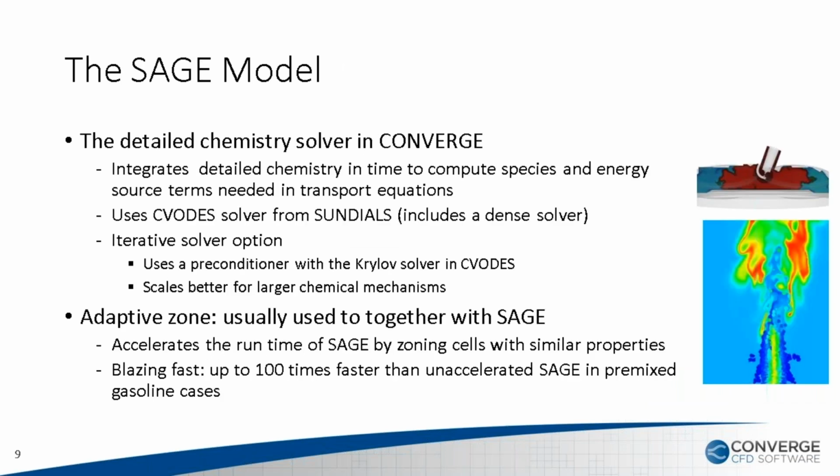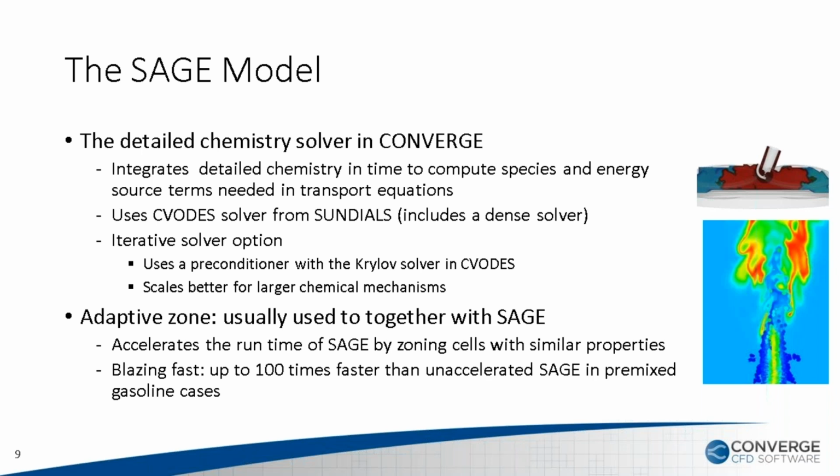For those who do not know our SAGE model, I'll give a brief overview here. It's a detailed chemistry solver in CONVERGE. If you're not familiar with CONVERGE CFD, the 3D CFD, we split chemistry and transport into 2 parts. First we integrate the detailed chemistry in time to compute the species and energy source terms, and then we take those source terms and feed them into the transport equation.